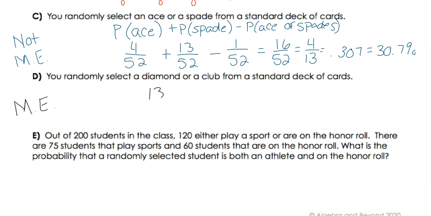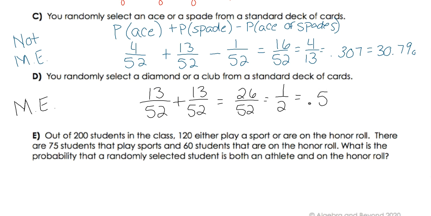There are 13 diamonds in a deck of cards. And combine that with the probability of finding a club. There are 13 clubs also. And there's no overlap, so we're just going to combine those together. That's 26 out of 52, which is a half, 0.5, or 50%.